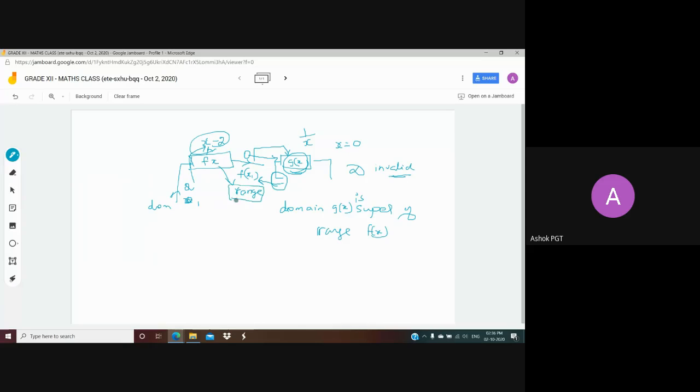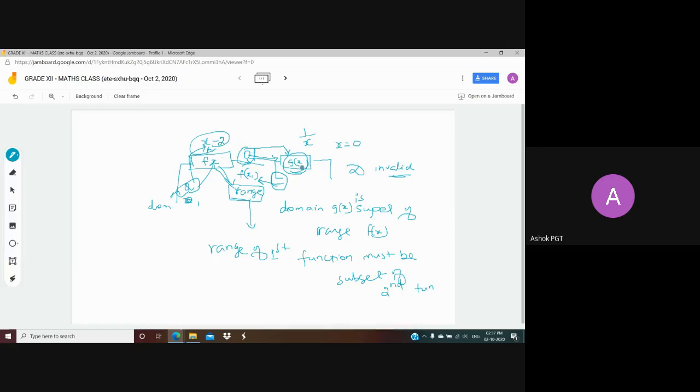Hence the range of the first function must be a subset of the domain of the second function. In case it is not a subset, it may not be in a position to produce the output, because 2 is a valid input for f of x, but the output produced, 0, should be given as an input for g of x.